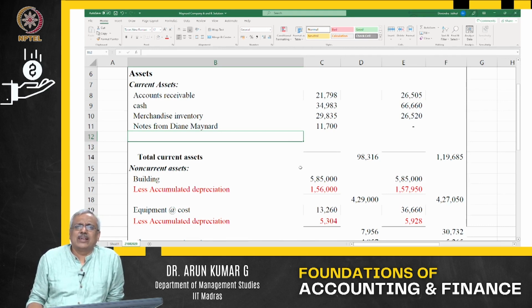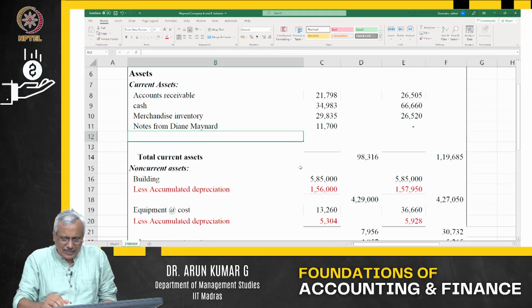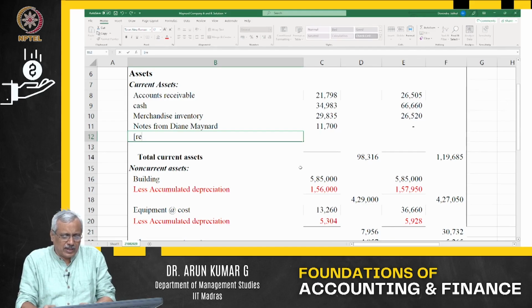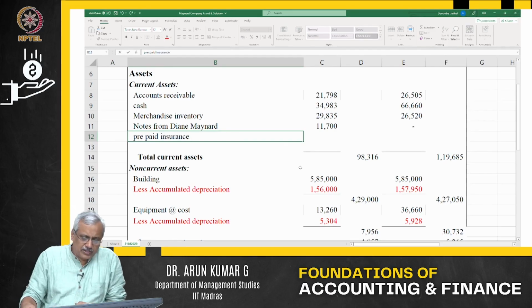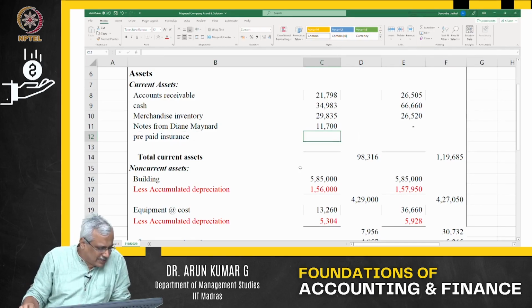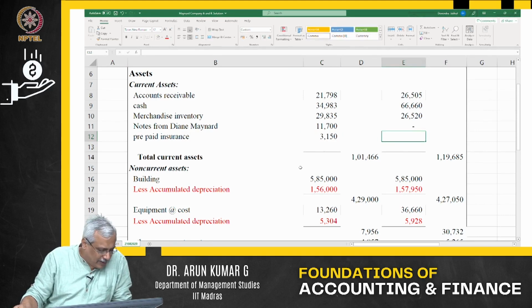Nobody is going to collect a 5-year premium from you because it is very difficult to assess the risk. So, it is what you call prepaid insurance. The prepaid insurance in this particular case is about 3150 and then about 2826.